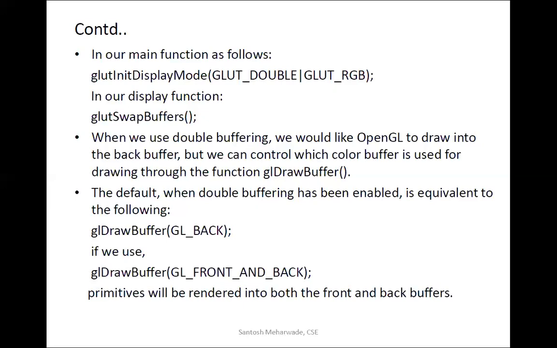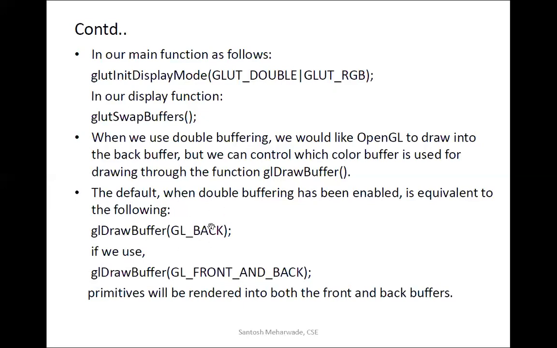Okay, and the front buffer always has the display operations, but we can change that constraint or restriction also. By default, when double buffering has been enabled, GL draw buffer is equivalent to GL back.